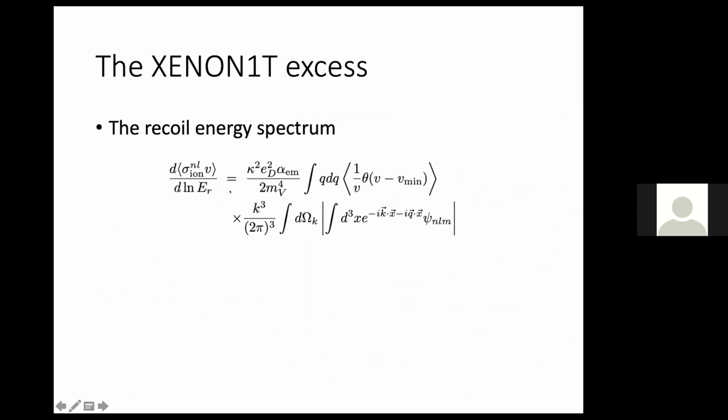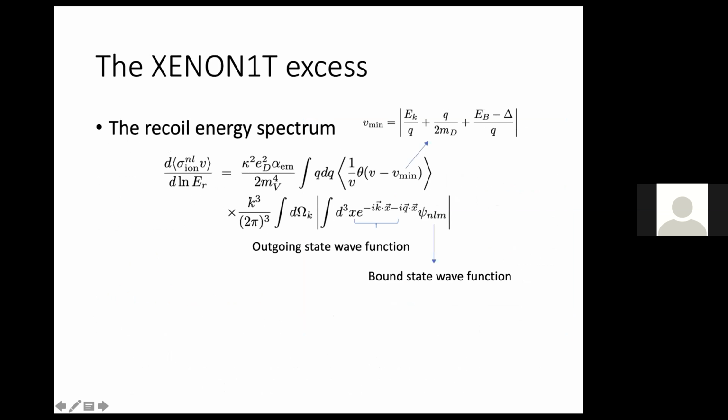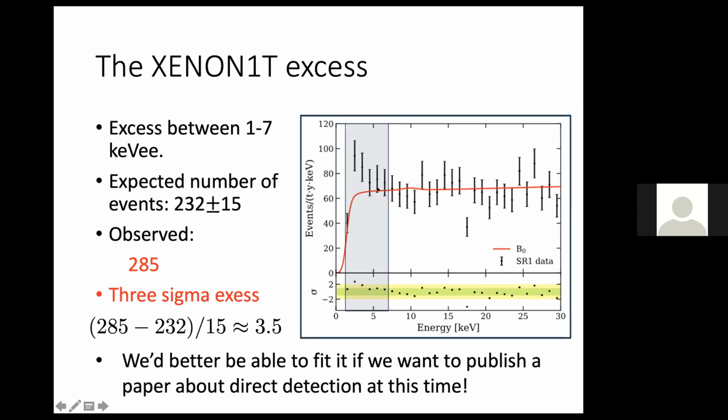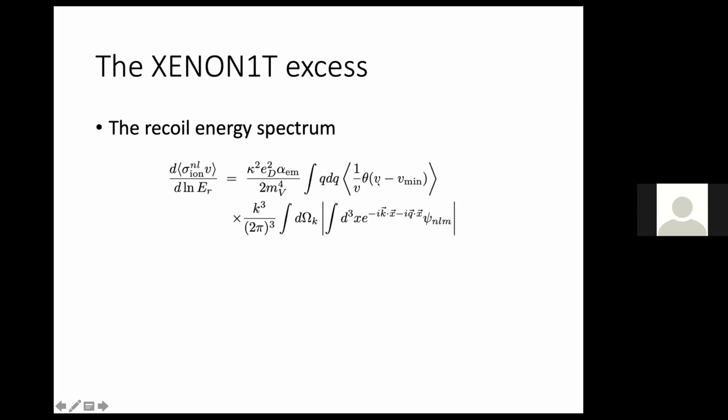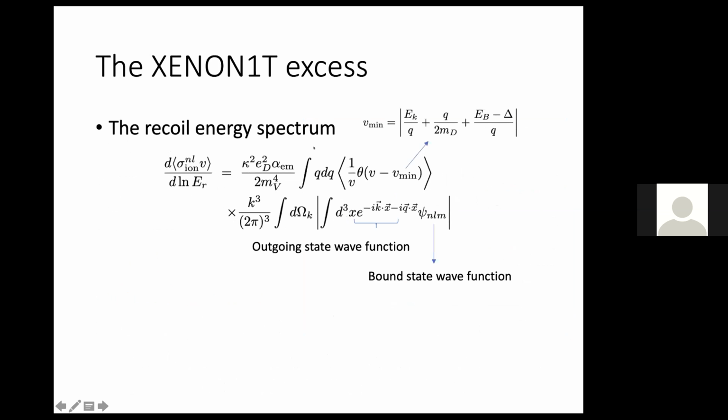So now we just do a calculation. This is the formula for the recoil spectrum. What they publish is a spectrum, and we need to be able to fit it.